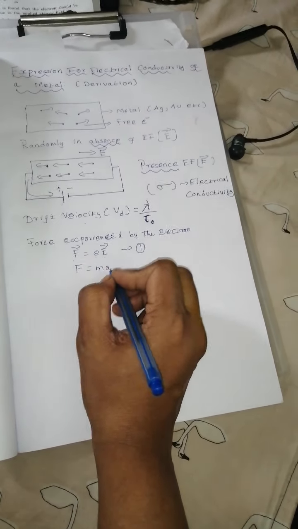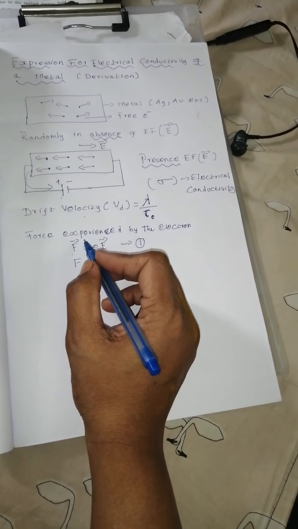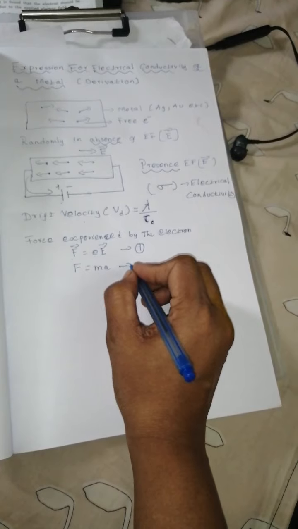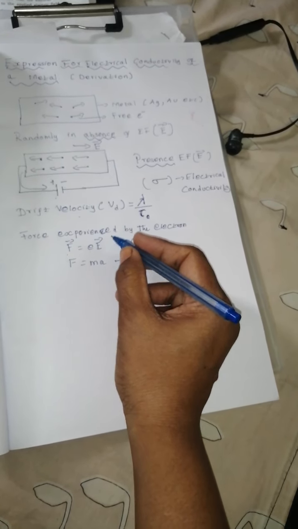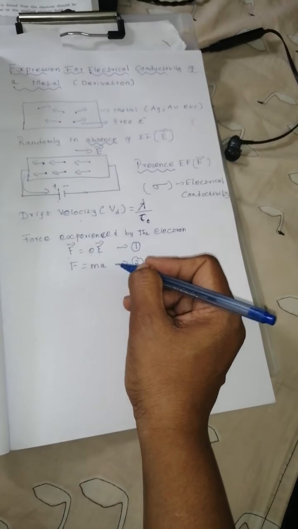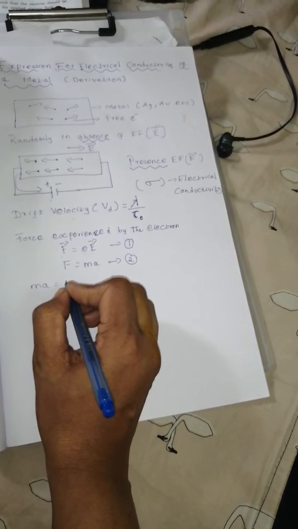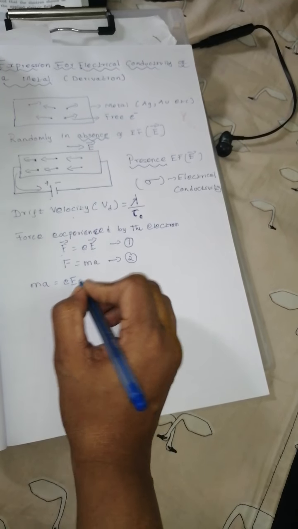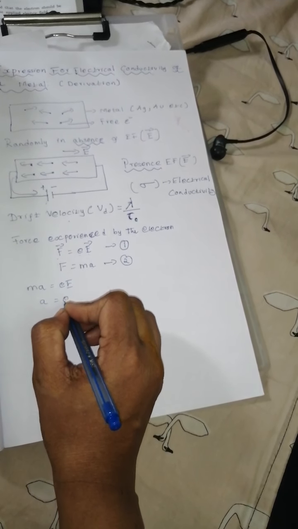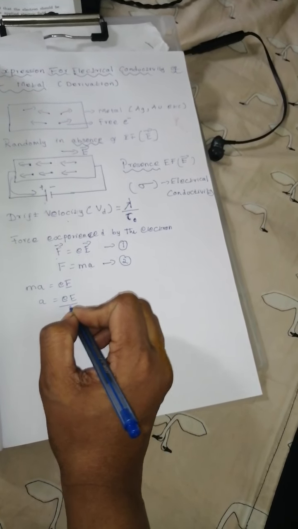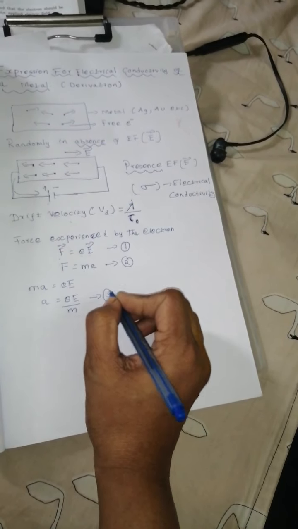Both are equations of force, so we can equate them. ma is equal to eE, where m is mass, a is acceleration. So acceleration is given by charge times electric field divided by mass. This is equation 3.